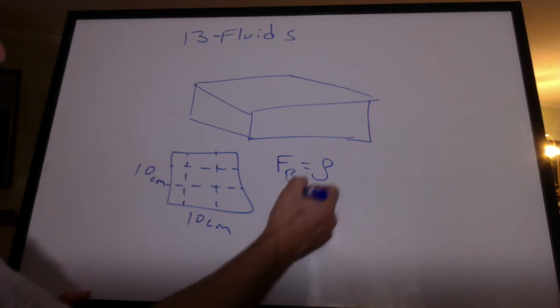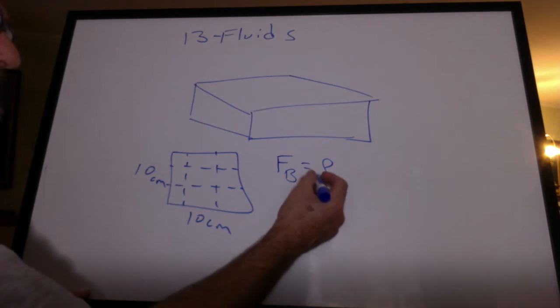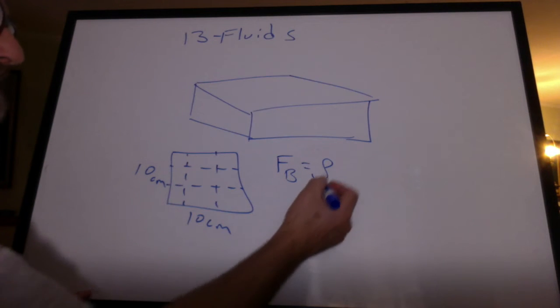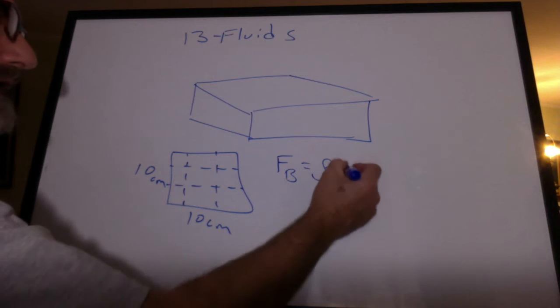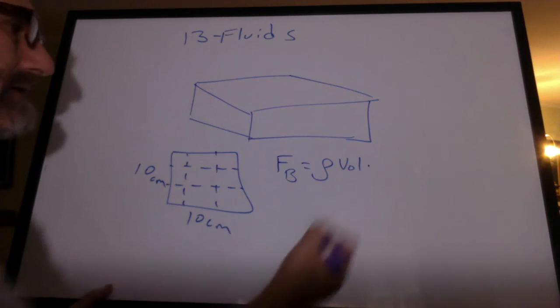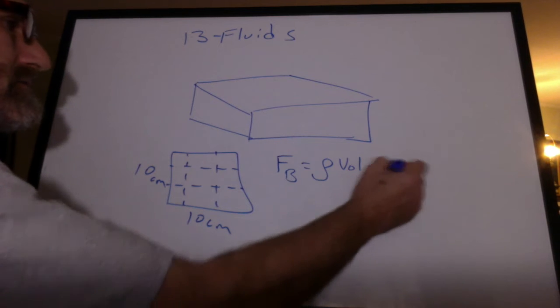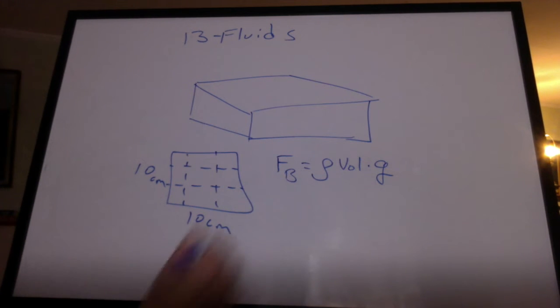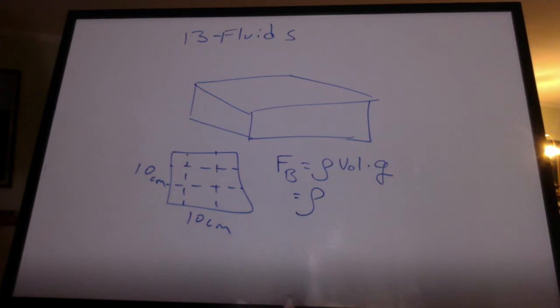And that's going to be equal to the weight of the displaced fluid. Again, that's the density times the volume of the barge times g. That is the weight of the displaced fluid. What is the volume?